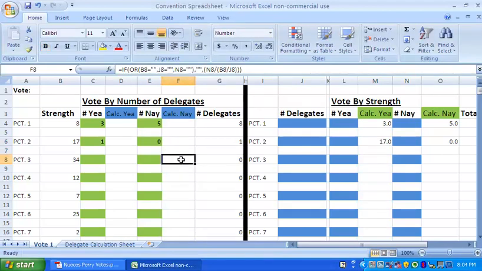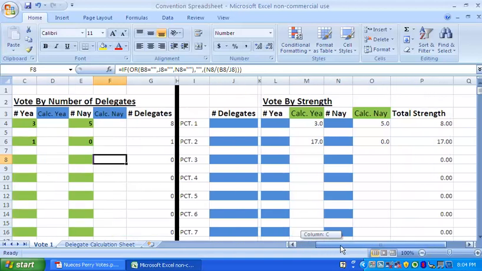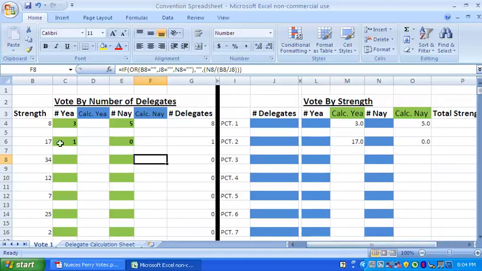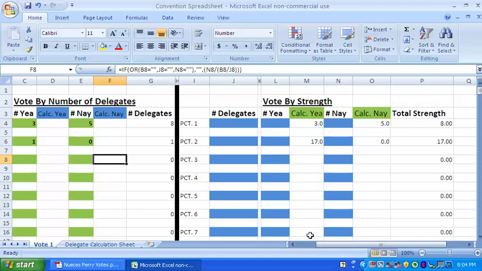Okay, if you were listening for the number of votes here, and you heard the roll call, and you heard 4 yeas and 5 nays, you would automatically, through logic, think that the nays won the vote. When in reality, if you look over here, because of the strength of the precinct, the yeas absolutely won it hands down. And here's why.